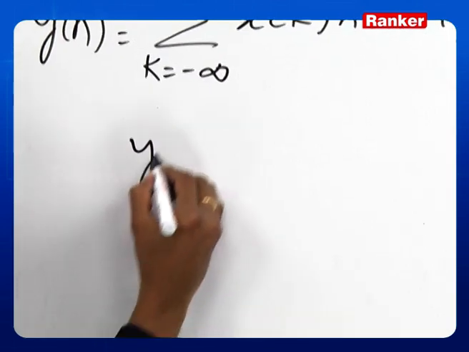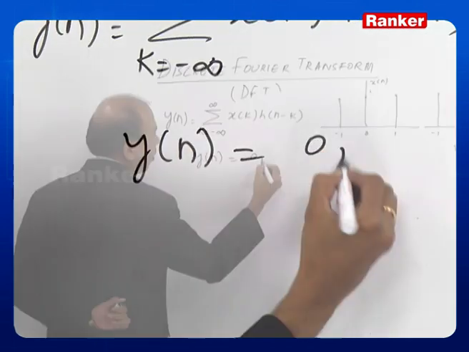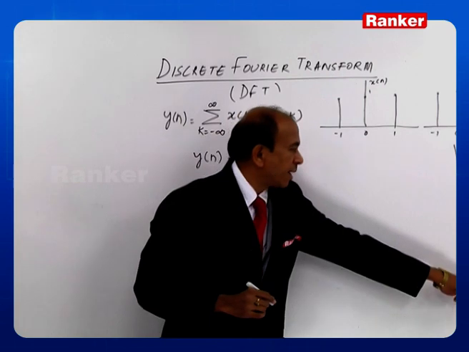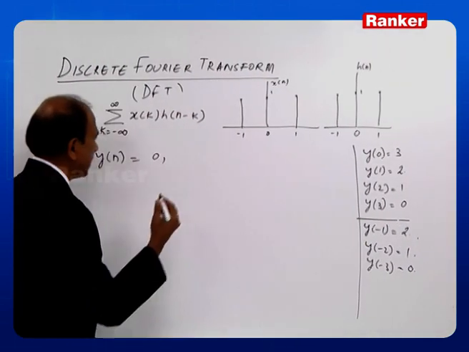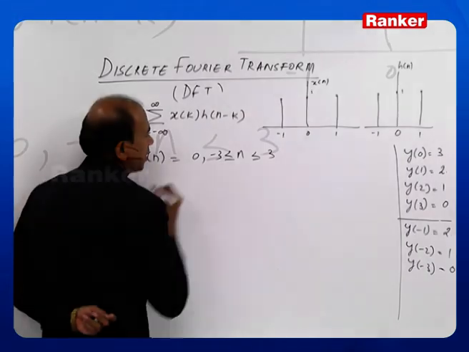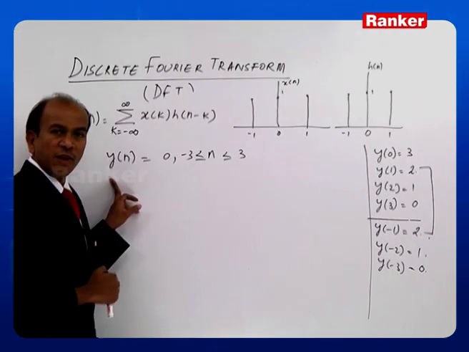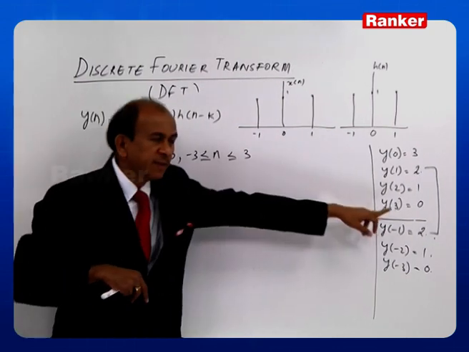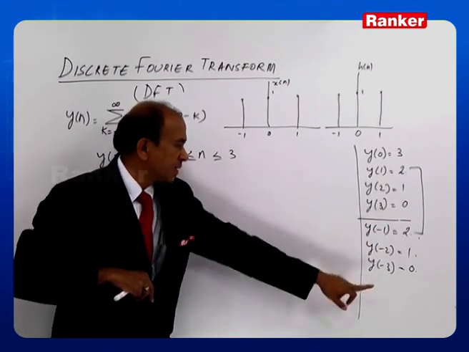So, y of n is 0 whenever n is minus 3 or plus 3 or beyond, that is, n lying outside the range between plus 3 and minus 3. So, y of n is 0 in two cases, when n is equal to plus 3 and when n is equal to minus 3.